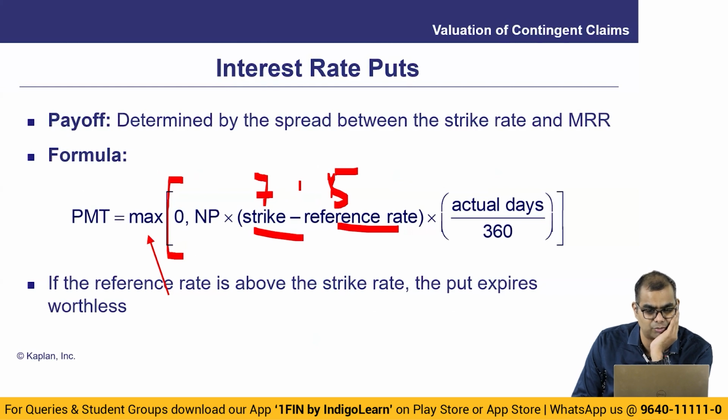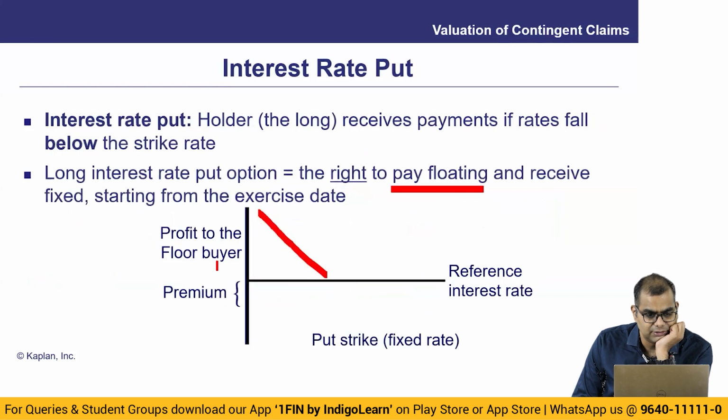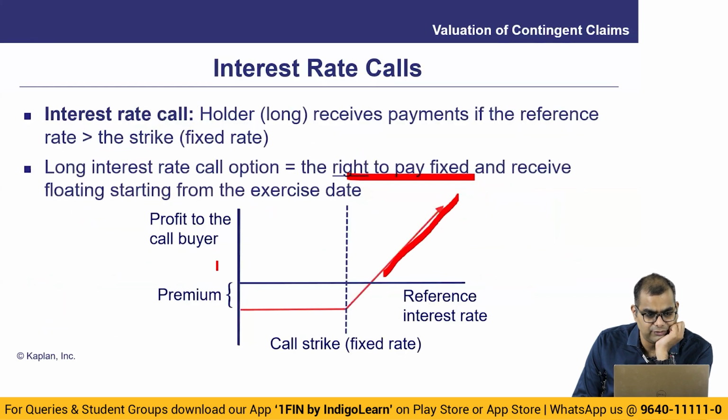So I make 2% in between. If the market reference rate instead ends up at, let's say, 8%, then the put value is 0, because this becomes negative, and your payoff from an option is the max of this and 0.